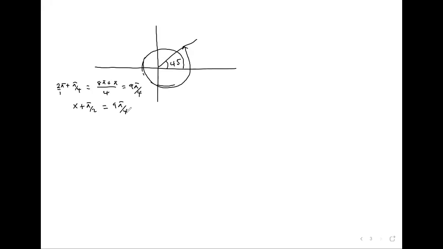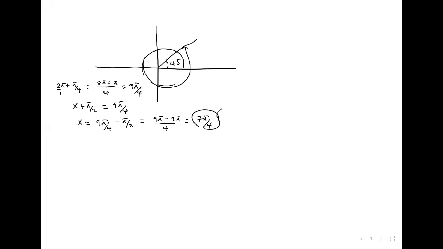And x plus pi over 2 is equal to 9 pi over 4. So what is x? 9 pi over 4 minus pi over 2. That is 4 down, 9 pi minus 2 pi. This is 7 pi over 4. This angle is bigger than the one I'm looking for.